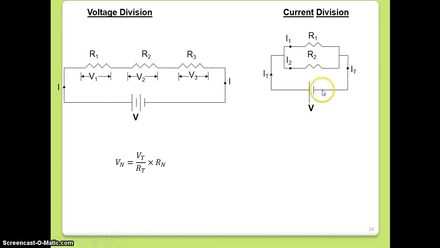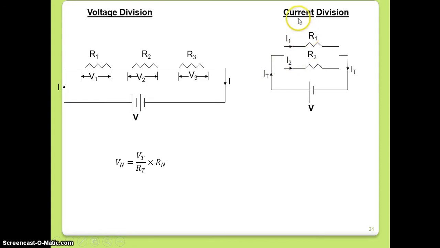Coming to the parallel network, as you can see here, the voltage remains the same for the different branches, but it is the current which gets divided.